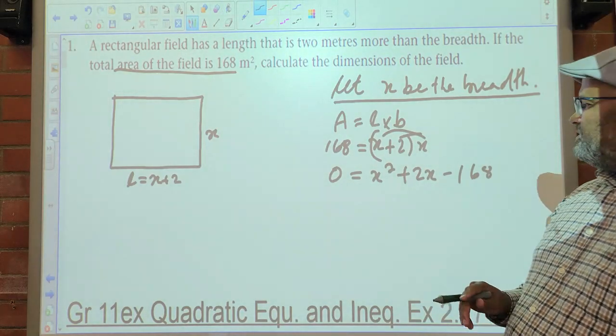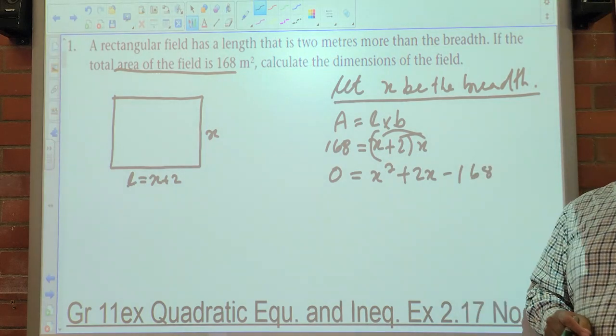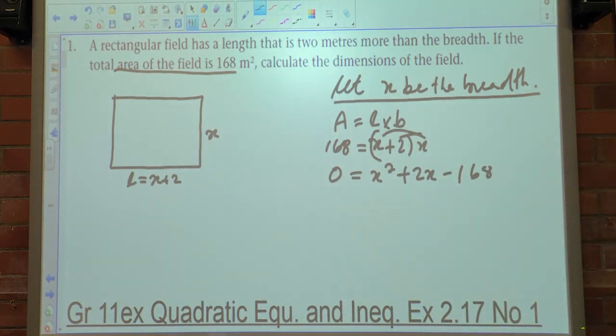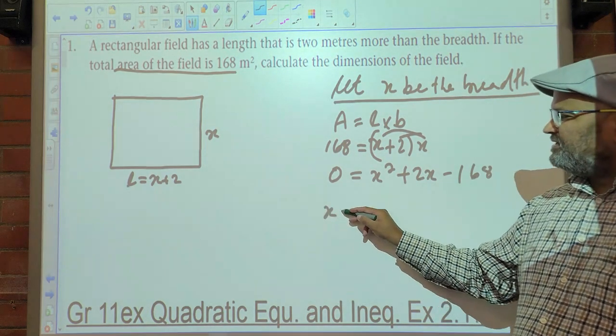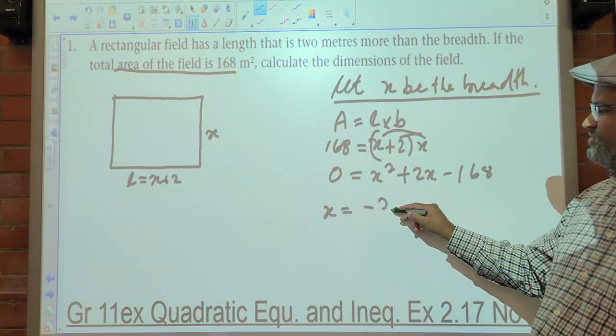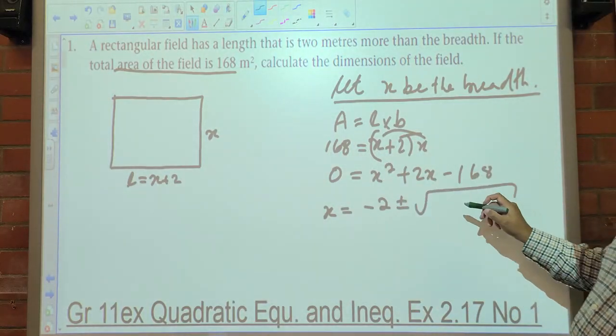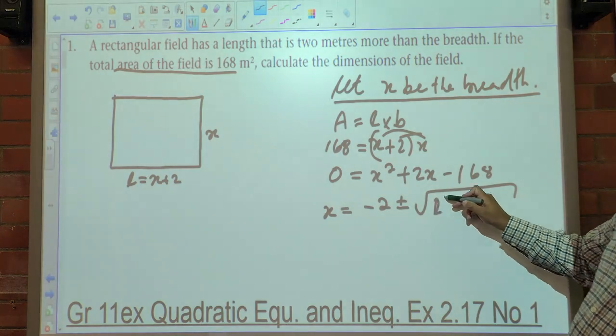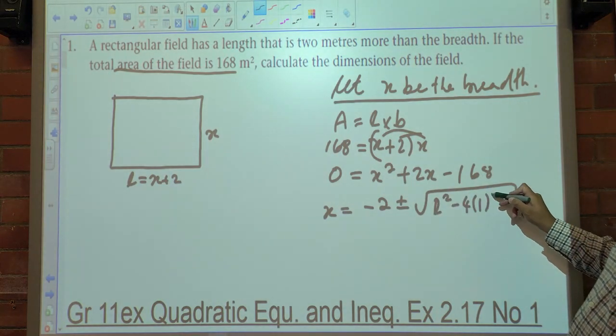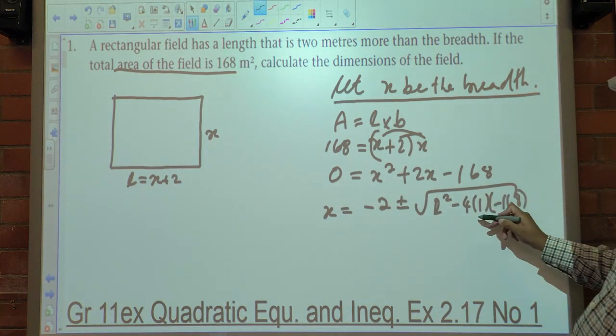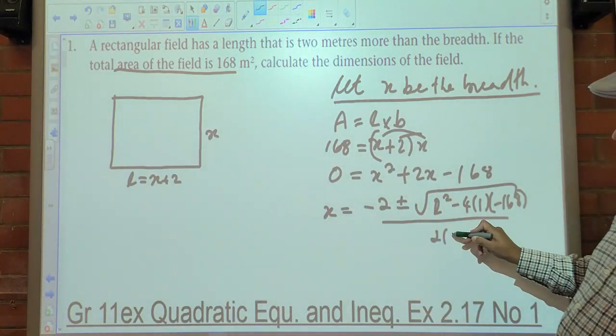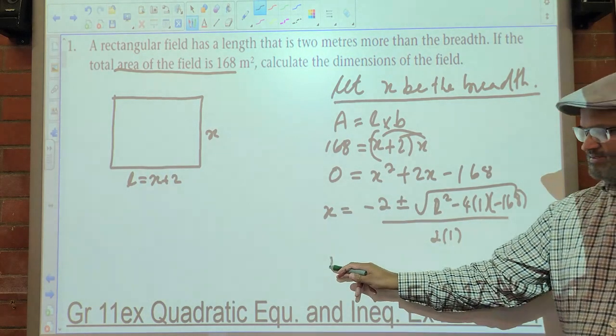Okay. So people, 168 is fairly large, not so, to work out factors for. So what we do, we use the quadratic formula. So it's minus b plus minus the square root of b squared minus 4ac over 2a. I'm just going to do this once.